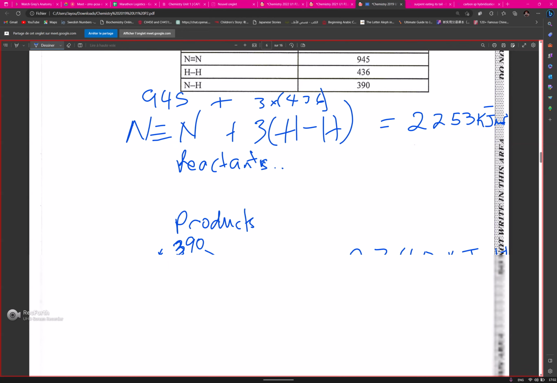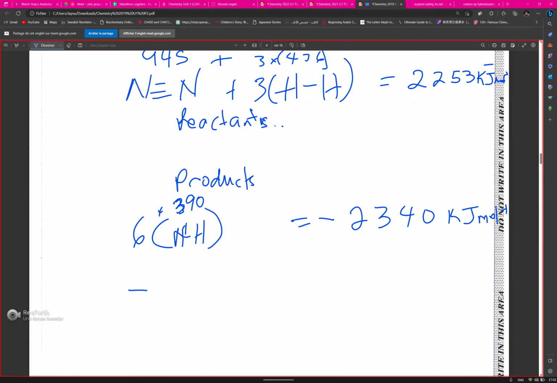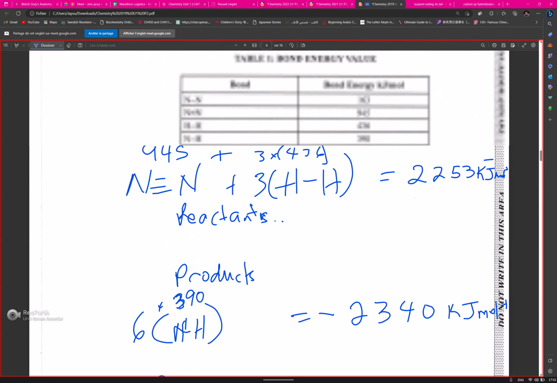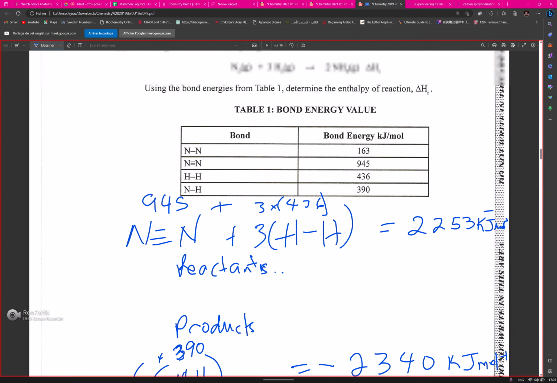So we're using the product as -2,340, right? Yeah, but if you minus the 2,253, you'd get -4,593. So you're saying that feels wrong? Yeah, it feels wrong. What type of reaction is happening here? This is the Haber process. What type of reaction?